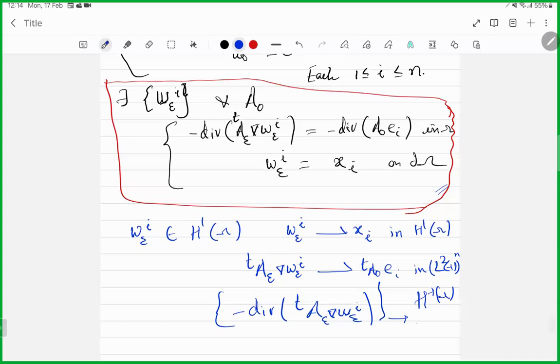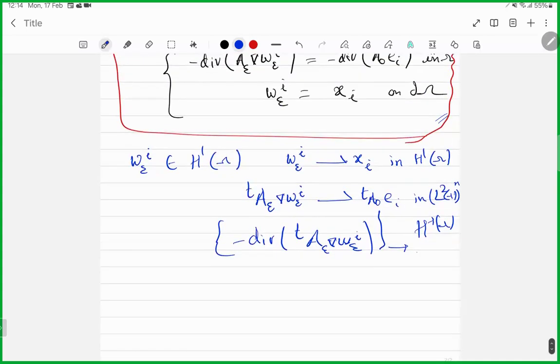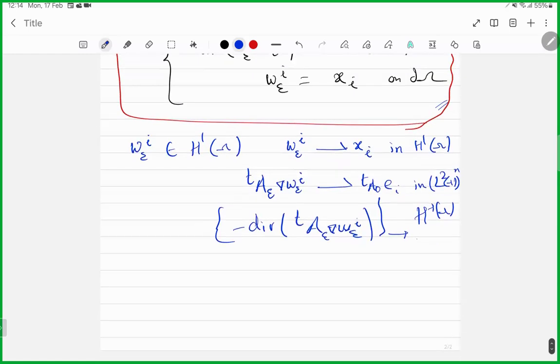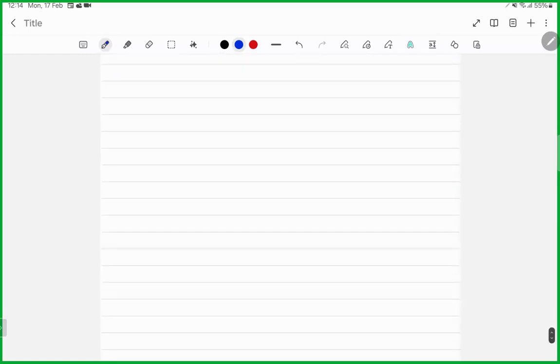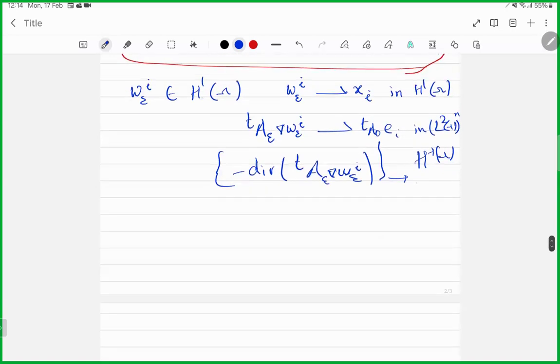So using this, and since W epsilon I is just an H1 function here, it's not vanishing on the boundary of omega.